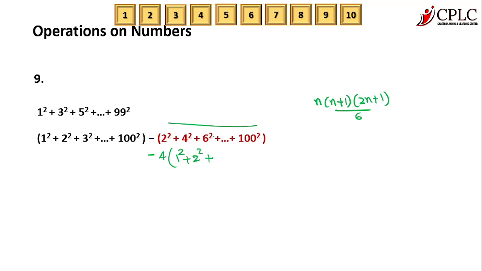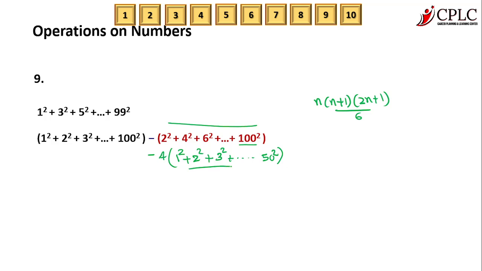Then we have 6 square, which is 36. We have taken 4 common out, so 36 divided by 4 is 9. 9 can be written as 3 square. And so on. The last one is 100 square, which is 10,000. 10,000, if you take 4 common out, you are left with 2,500, which is 50 square.